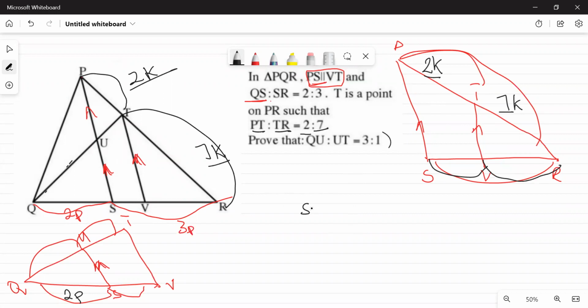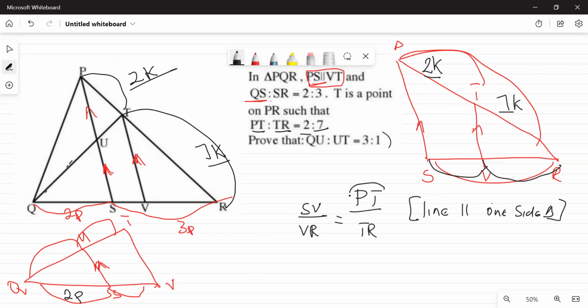I'm going to say SV all over VR is going to equal PT all over TR. Now, this was not given. I need to tell them why I am saying this, because it was not there. I'm going to tell them that I have a line parallel to one side of the triangle. Now we know what PT is. What is PT?